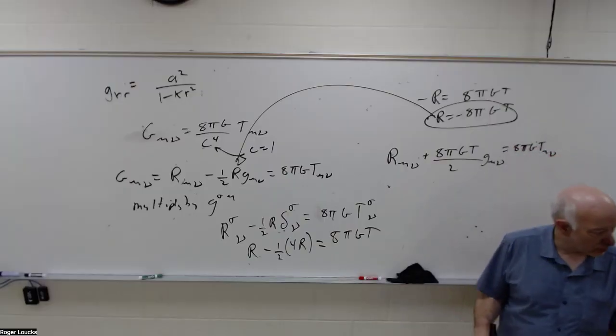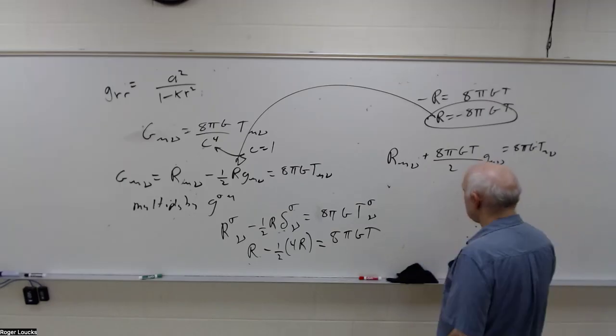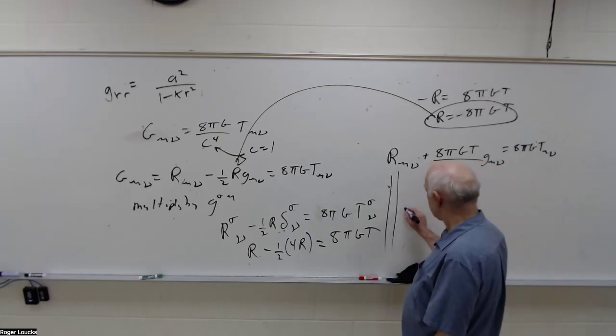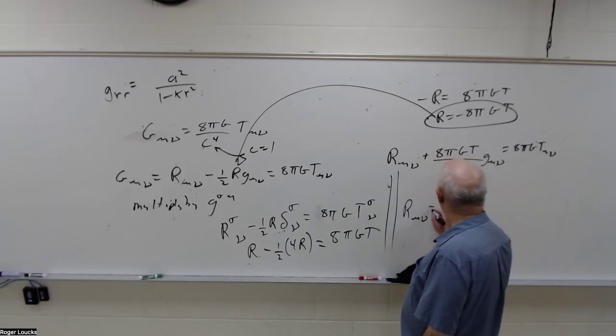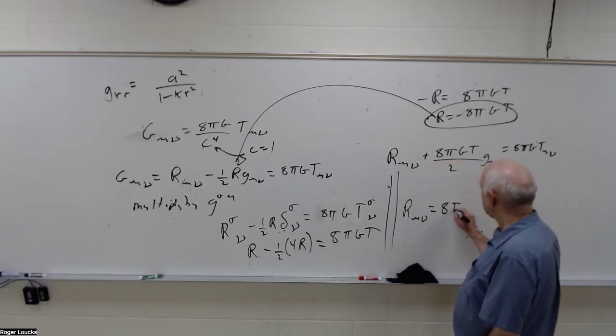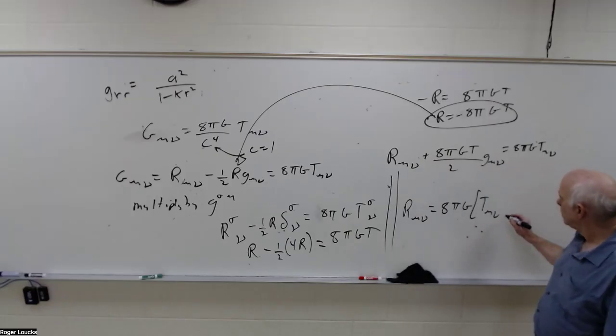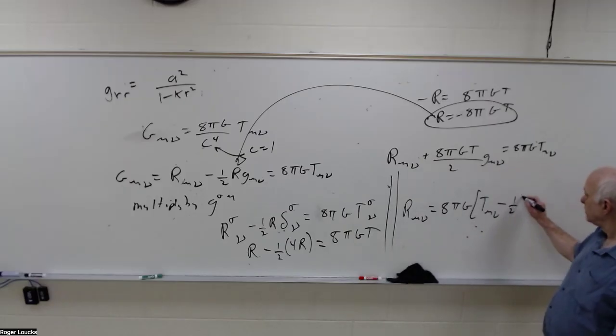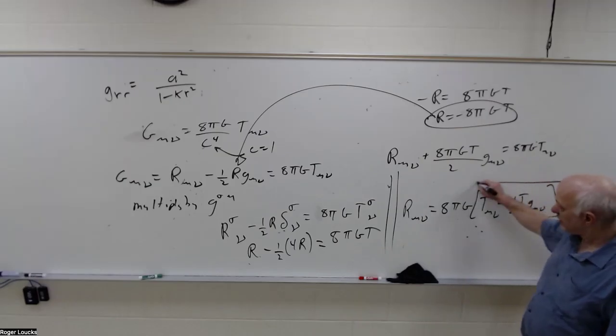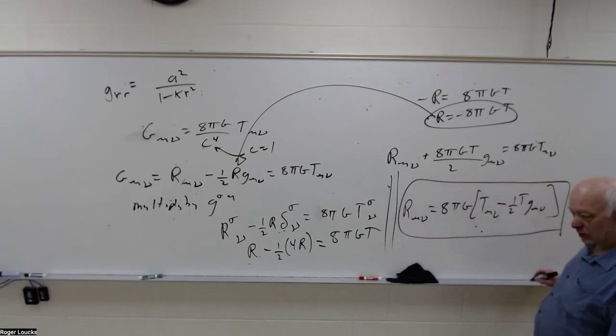And so this tells me that R mu nu is 8 pi G times T mu nu minus 1/2 T g mu nu. There. That's the equation we're going to solve.